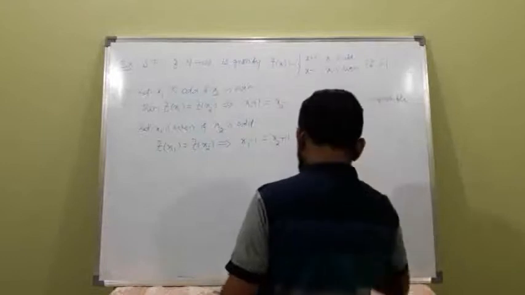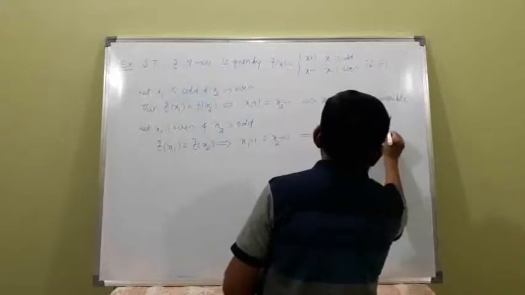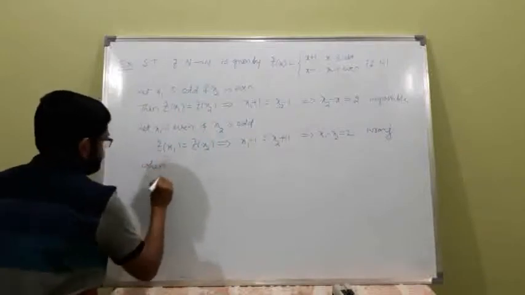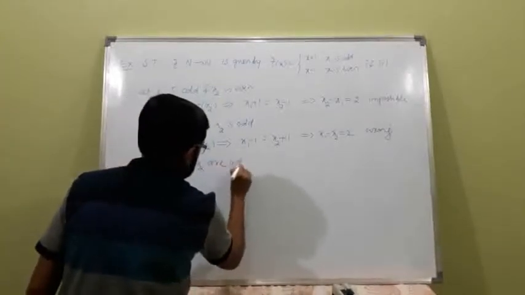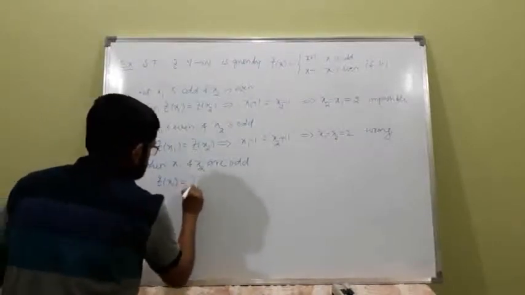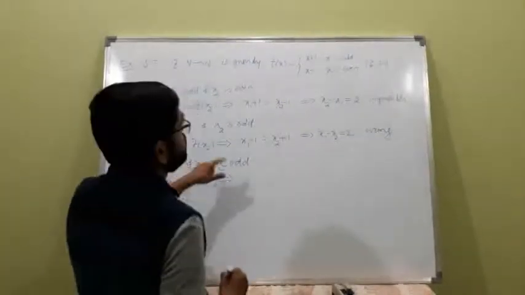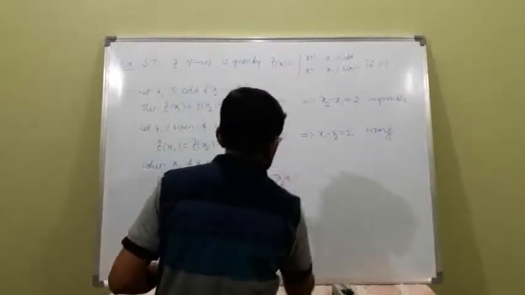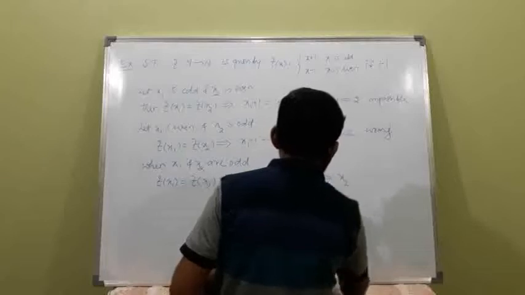So when x1 and x2 are odd, what happens? f(x1) is equal to f(x2) implies, odd means x1 plus 1 equals x2 plus 1. This implies x1 is equal to x2.